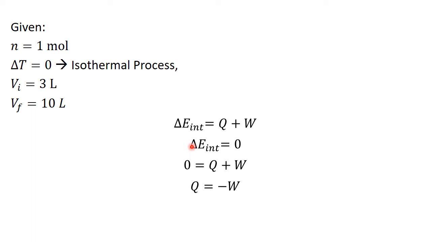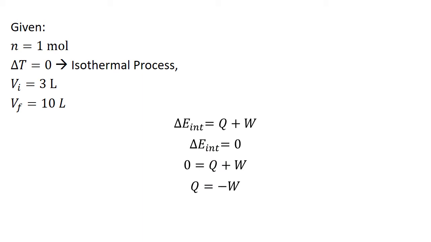Okay? So, pag nasanay kayo, hindi nyo na kailangan i-derive yung mga ganito kasi pag nalaman nyo na isothermal process to, dapat Q equals negative W agad-agad. Kasi nga, delta E, change in internal energy ay 0 kapag isothermal process. No? Pero in-explain ko lang paano siya na-derive.